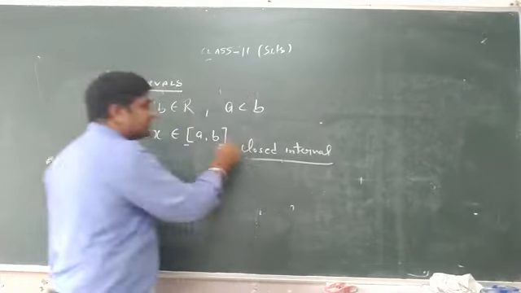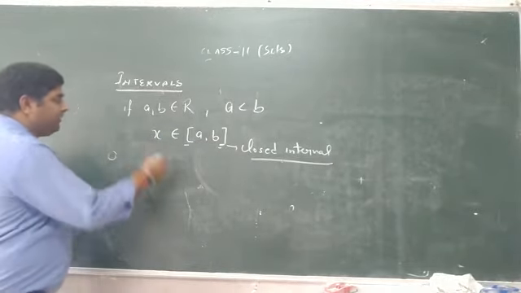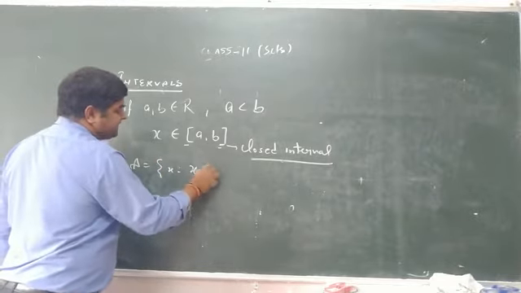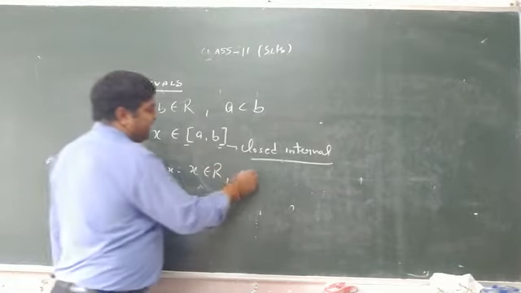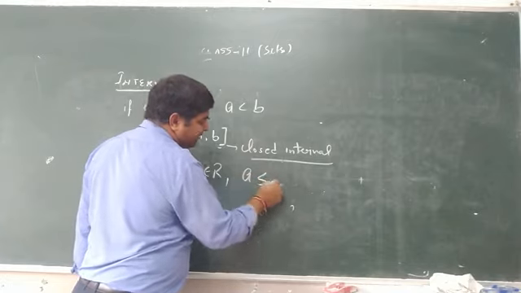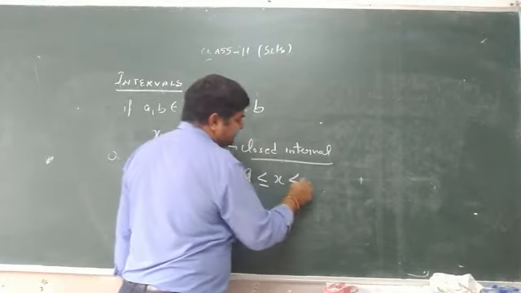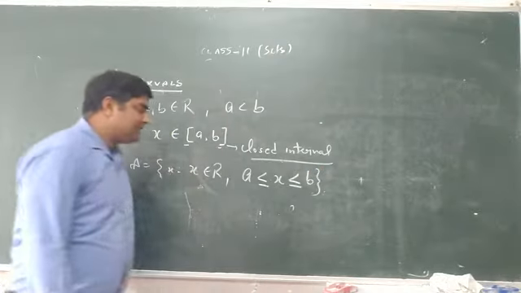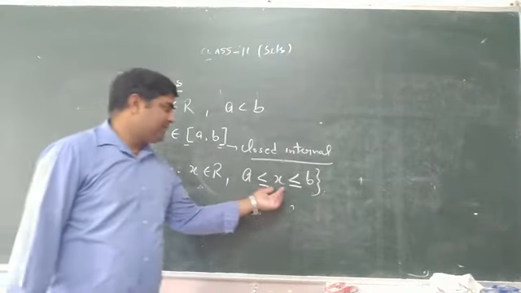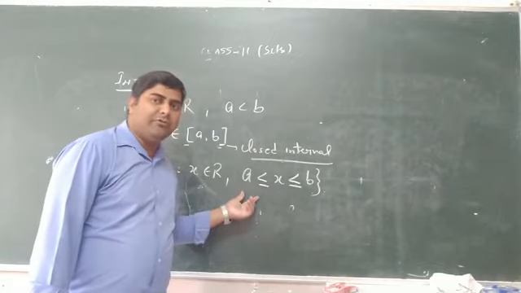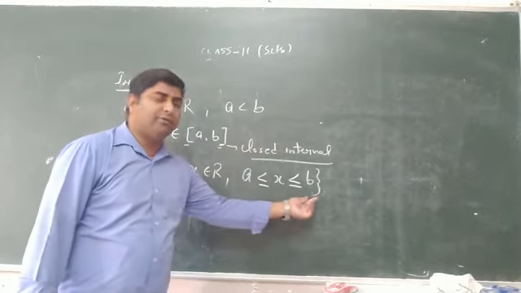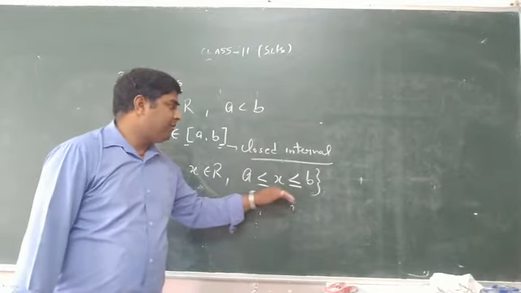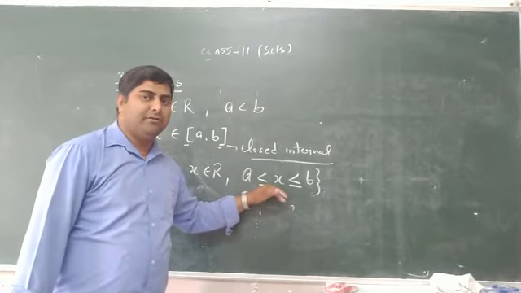So when X belongs to a closed interval, how to represent it? {X such that X belongs to real numbers and A ≤ X ≤ B}. It means the value of X can be taken equal to A, and it can be taken equal to B. That is the meaning of closed interval.